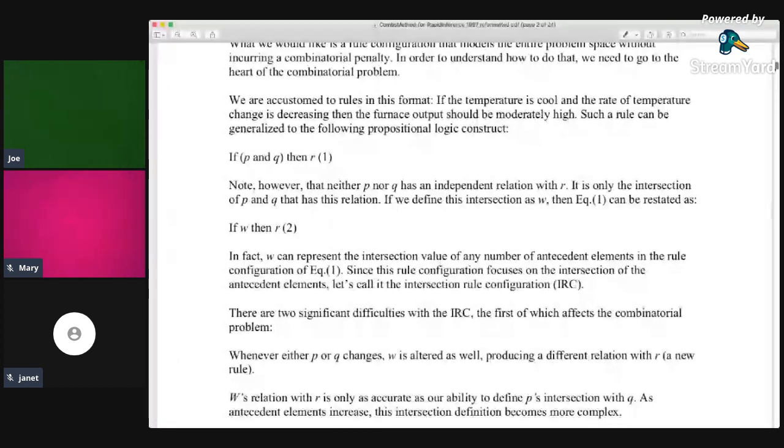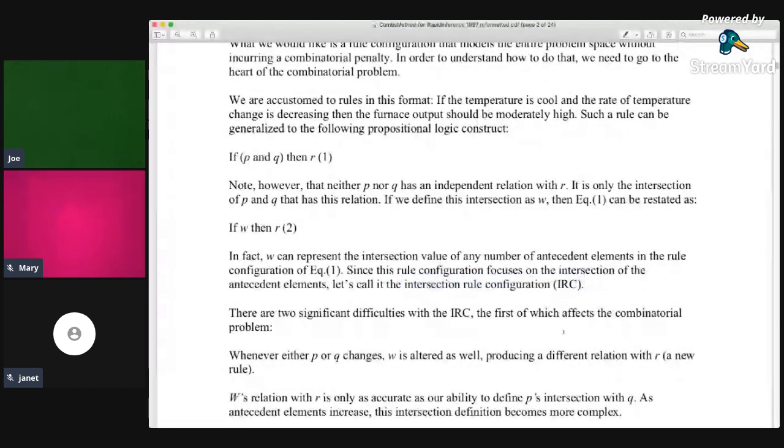So if you don't have them all, that doesn't really work. And what do you call this? The intersection value. So it's the intersection value of any number of antecedent elements. So you have to have them all, and they have to be available to make a calculation on whether it's true or false. And so he calls that the intersection rule configuration.